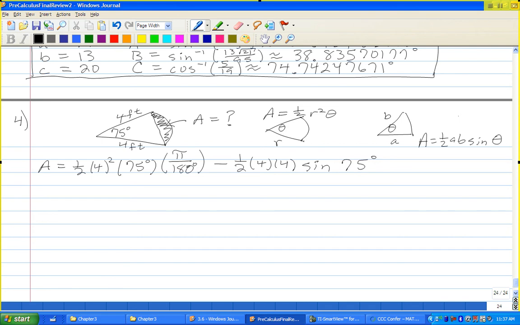Okay, so this is equal to 16, so that's 8 times 75 pi over 180. You can divide that by 4. Get a 2 there, and you get a 45.